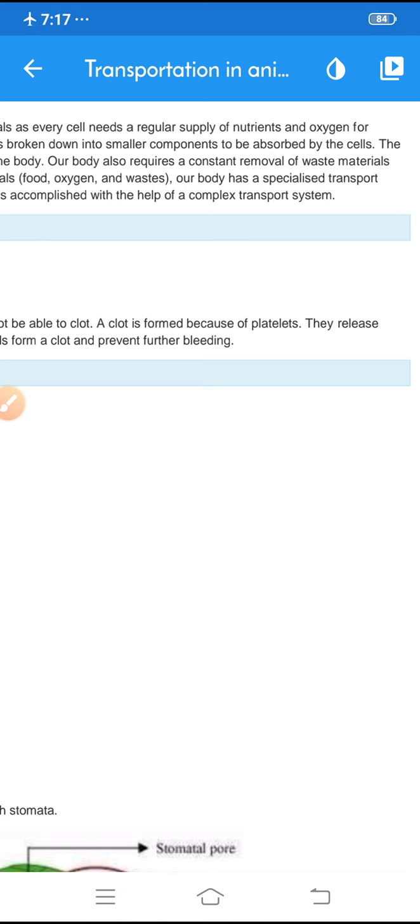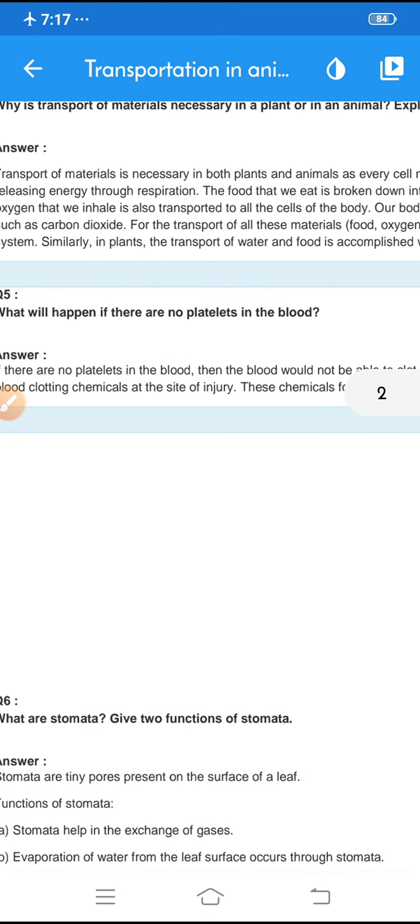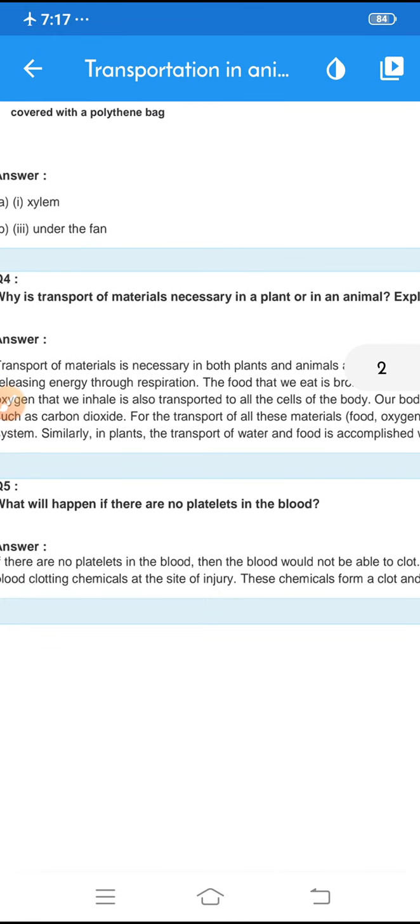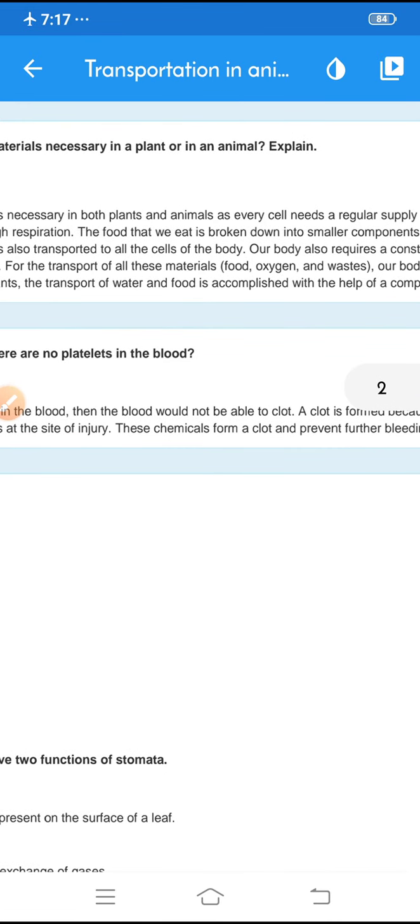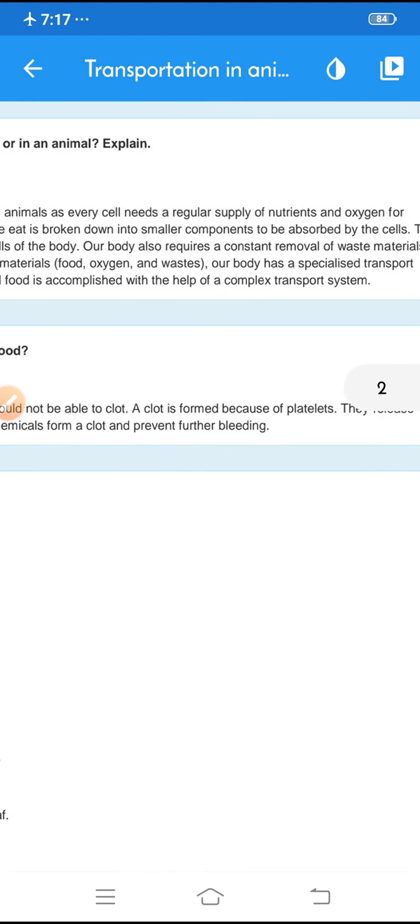The oxygen that we breathe in or inhale is also transported to all the cells of the body. Just as food is transported to each and every part of the body, even the oxygen that we inhale is transported to every cell of the body.